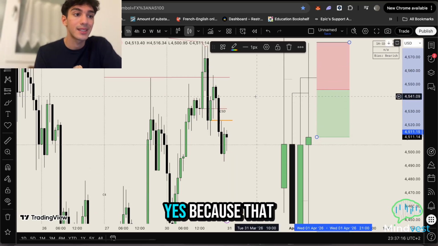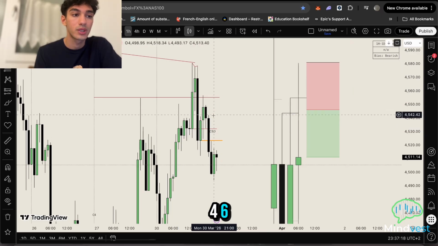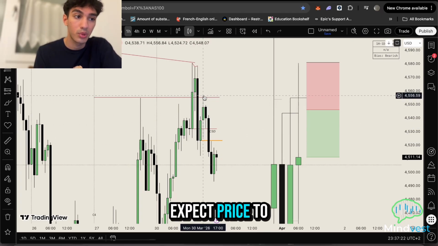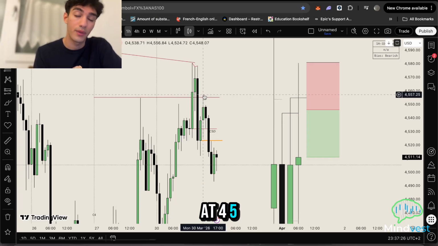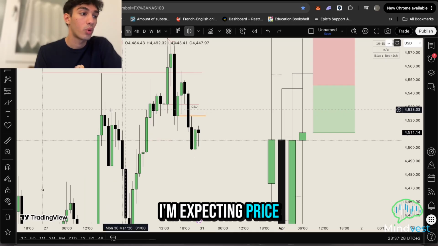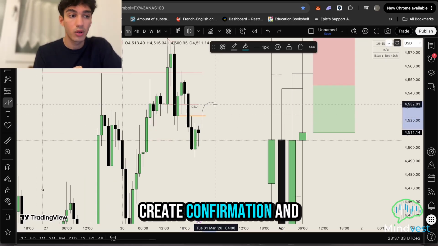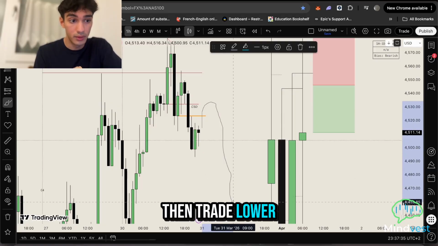And does that make sense? Yes, because that 45463 is in this series of order block where I expect price to stay in. I do not expect price to take out this high that we formulated at 5 o'clock of 4557. I'm expecting price to now just go into this fair value gap, create confirmation, and then trade lower.